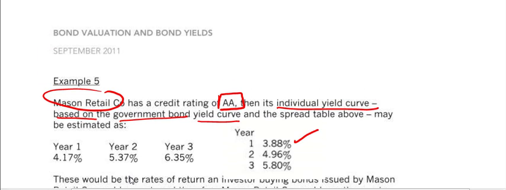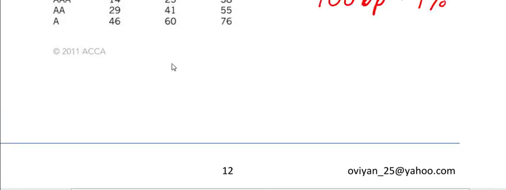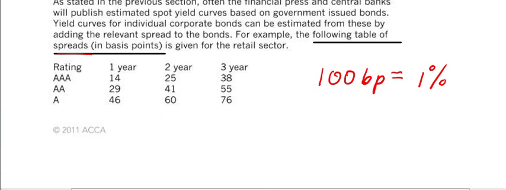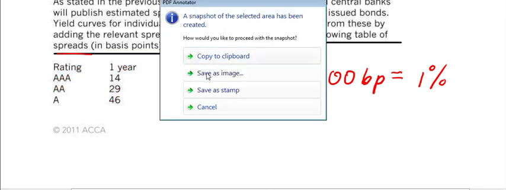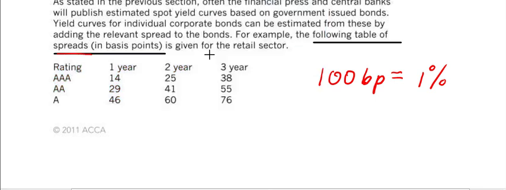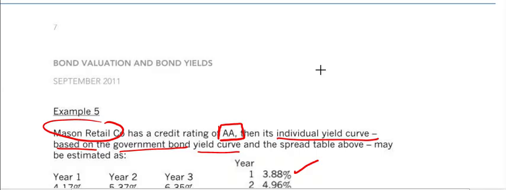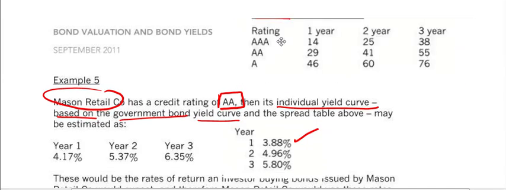But Mason is rated AA. So for 1 year they'll borrow at 3.88 plus another 29 basis points. Mason cannot borrow at 3.88 because they are a company, they are not government.